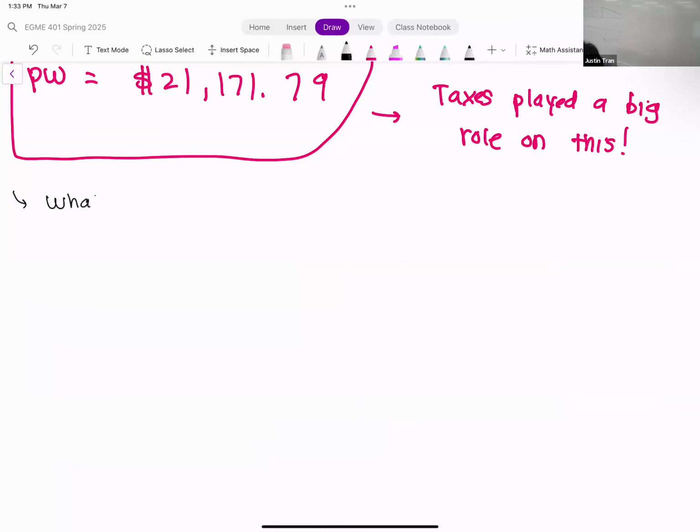So first, let's ask the question of what kind of asset can be depreciated. So we just did an example of a truck.